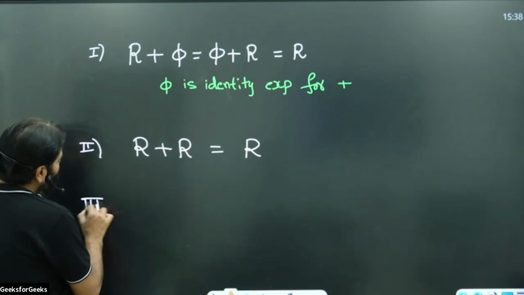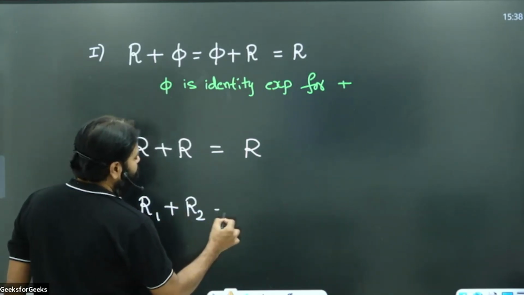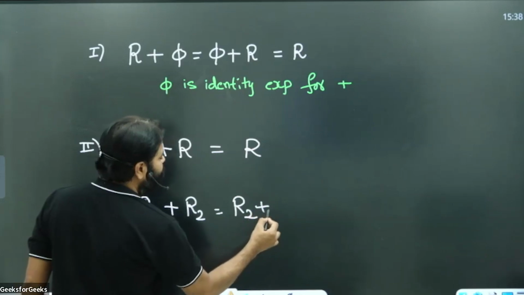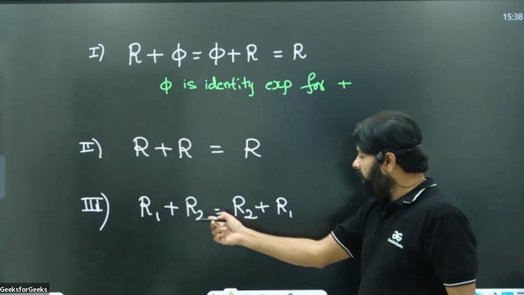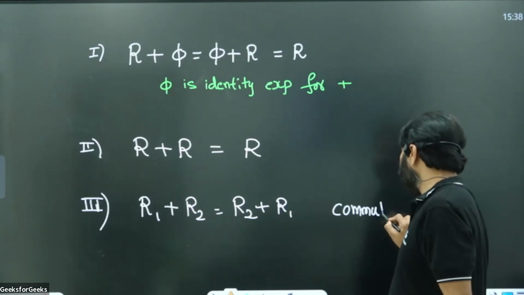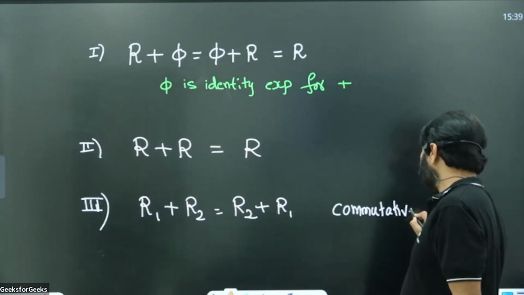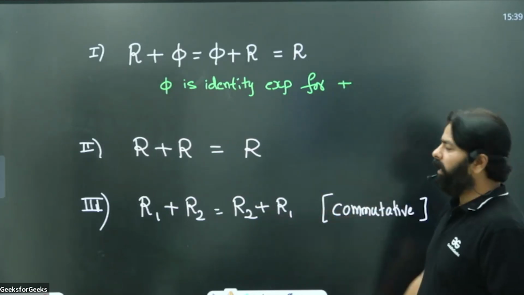Also remember some of the properties if you want. Like r1 plus r2, can I write it as r2 plus r1? Yes, you can. This property is called the commutative law. And this one is the identity property. This is the idempotent property.